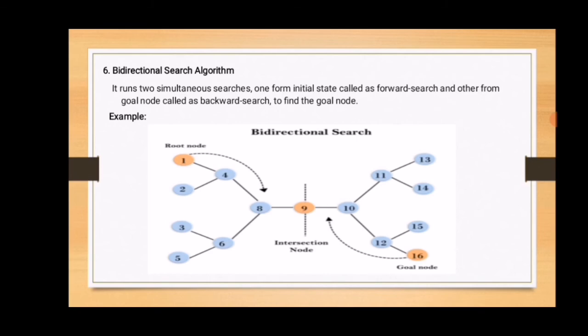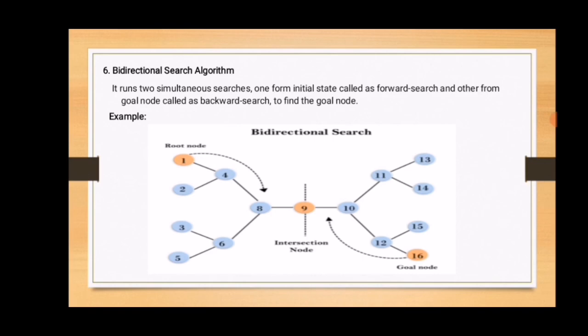Bidirectional search replaces one single search graph with two smaller subgraphs, in which one starts the search from the initial vertex and the other starts from the goal vertex. The search stops when these two graphs intersect each other. Bidirectional search can use search techniques such as BFS, DFS, and DLS.